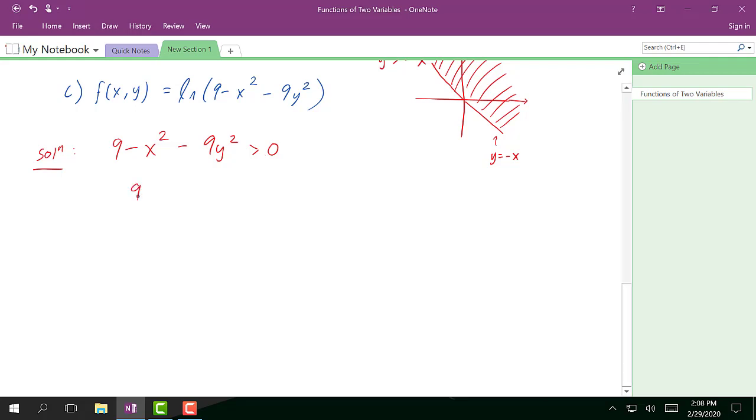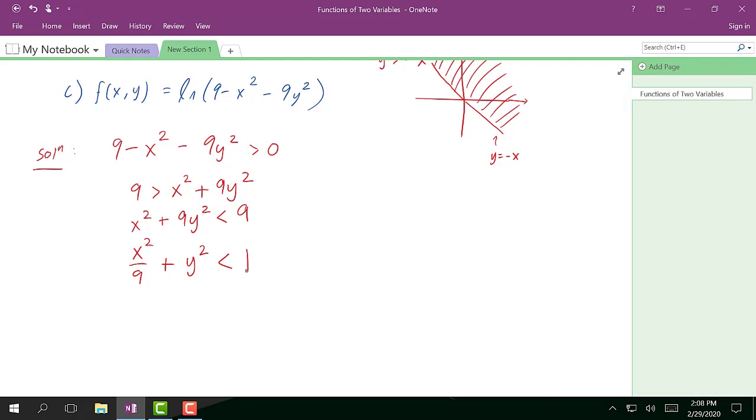So I get 9 is greater than x squared plus 9y squared. Again, I like to have my x's and y's on the other side. So I do x squared plus 9y squared is less than 9. And then I'm going to divide everything through by 9. So I get x squared over 9 plus y squared is less than 1.